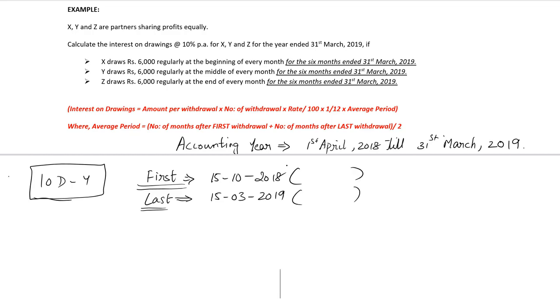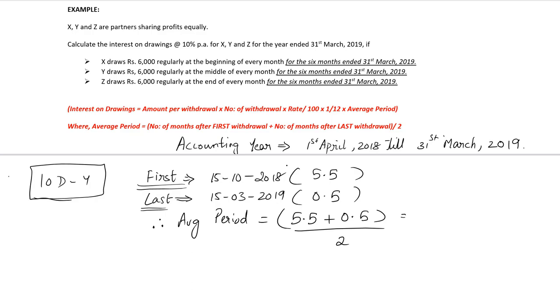The number of months up to 31st March 2019 is 5.5 from the first withdrawal, and from the last withdrawal to the end of the accounting period, half month. Therefore, average period is equal to 5.5 plus half month divided by 2, which is equal to 3 months.